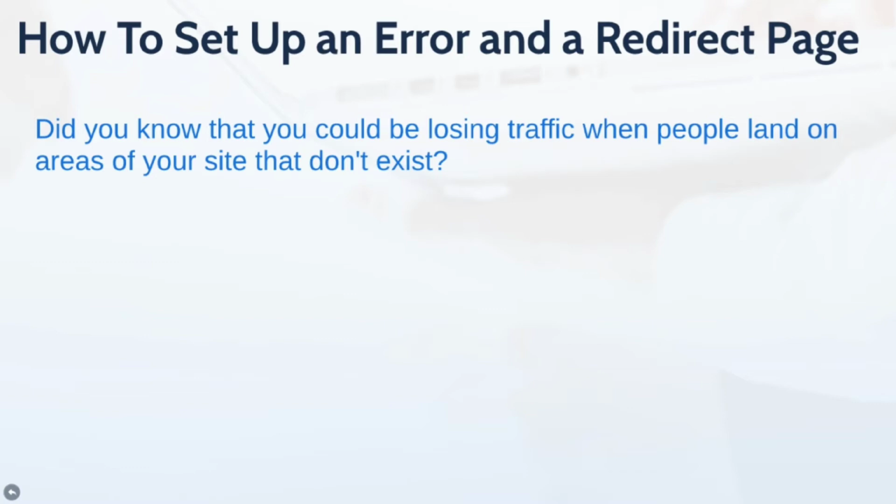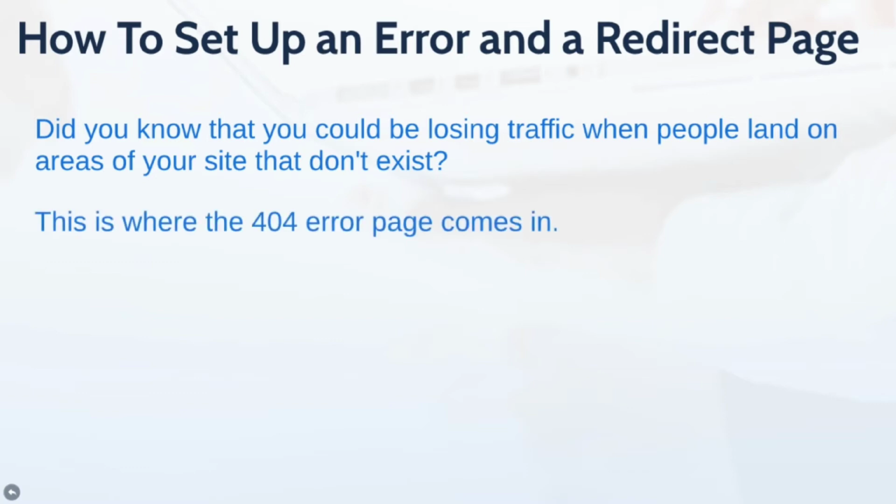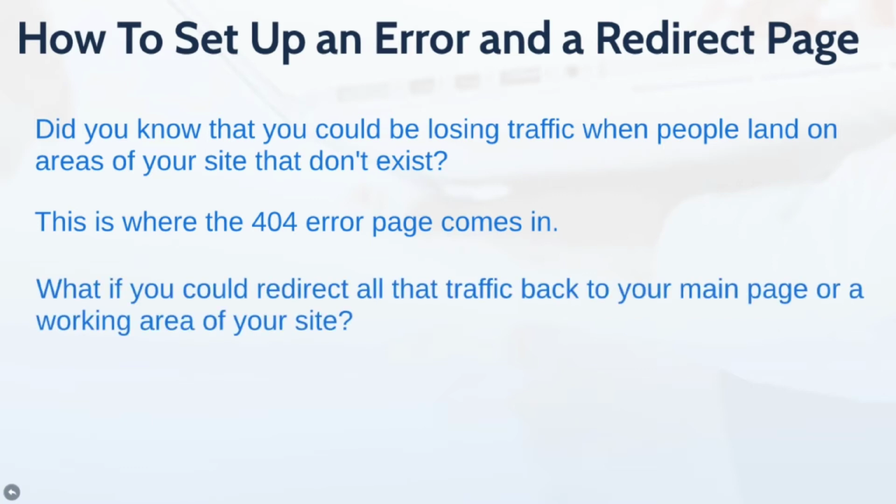Instead, you want people to be redirected to either a page that actually works or a specific page that you want all the traffic to be redirected to. And this is where the 404 error page comes in. Fortunately, on the cPanel hosting panel, you can actually specify where you want all this traffic to go.